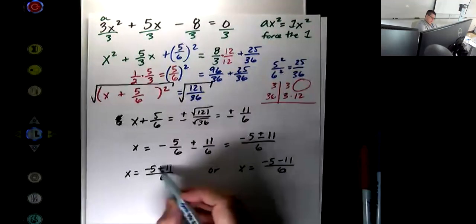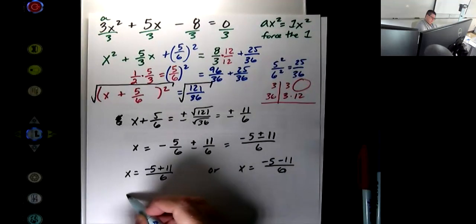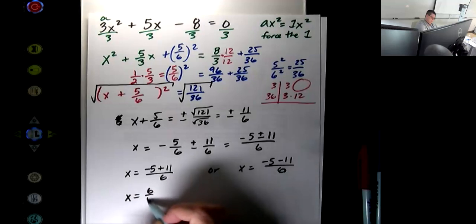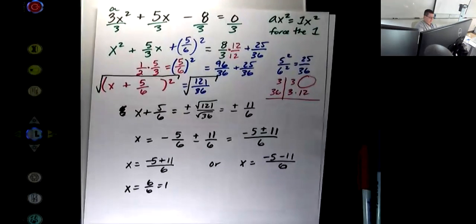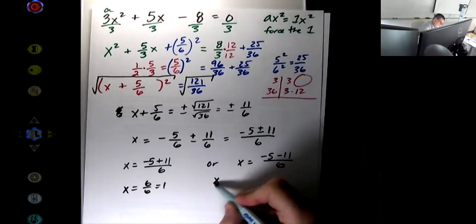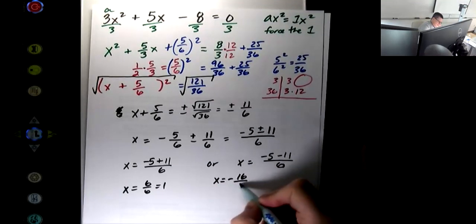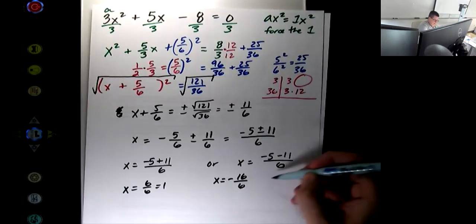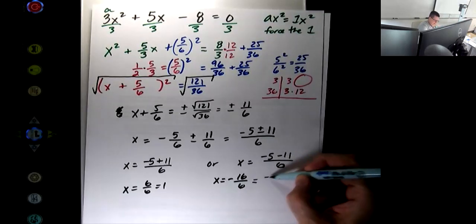Well, this ends up being what, 6/6, which is 1. This over here is -16/6, which is -8/3.